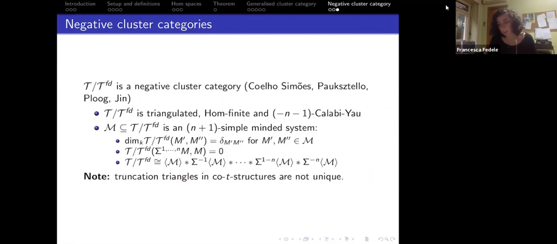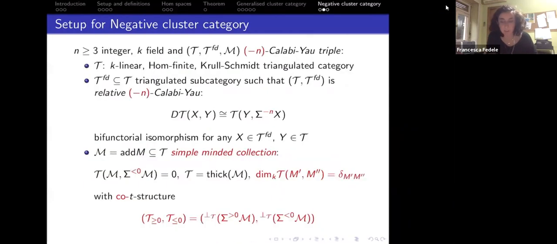I think they're a bit more recent concepts than the cluster category from before, and they've been studied by Coelho Simões, Pauksztello, Jin, and others. Jin also proved quite a lot of these properties of the negative cluster categories coming from these negative Calabi-Yau triples.